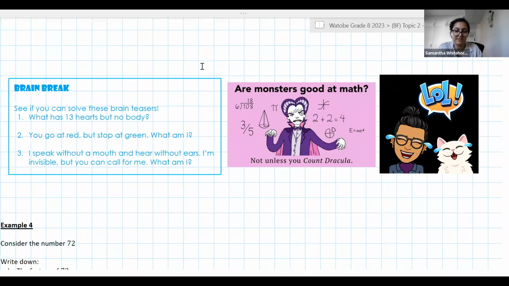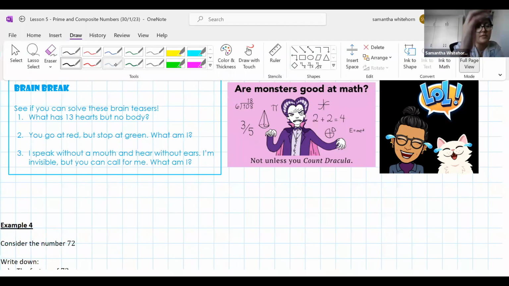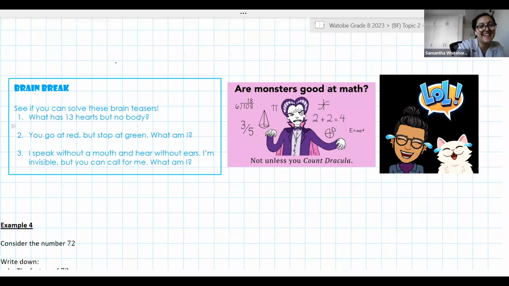The first one is a deck of playing cards. Very nicely done. In a deck of cards, you've got 4 suits.